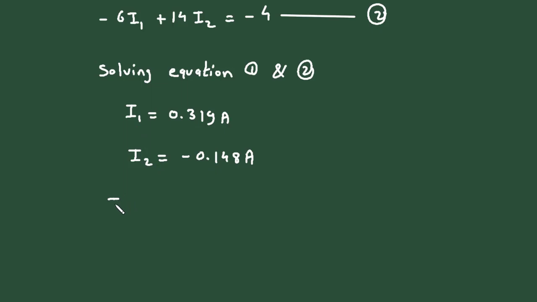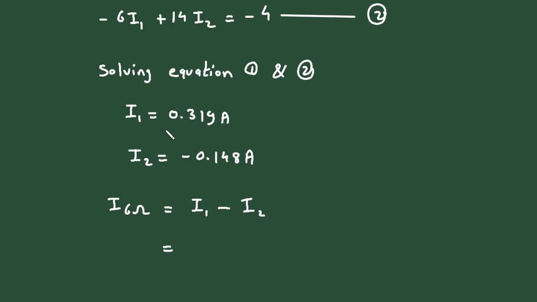So the current through 6 ohm will be I1 minus I2. We are taking I1 first because I1 is greater, and we are subtracting I2 because both are in opposite direction.